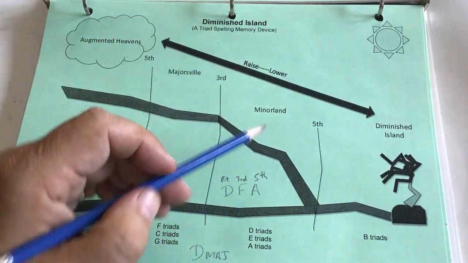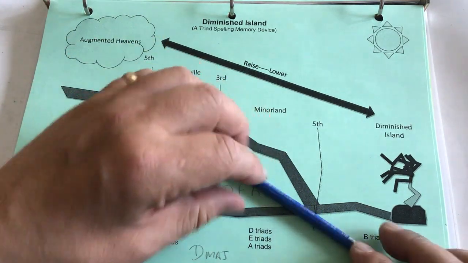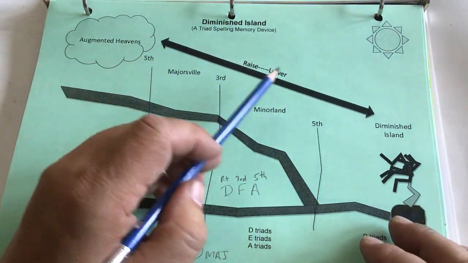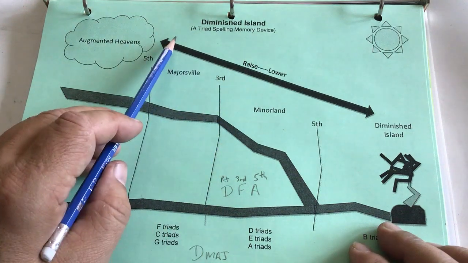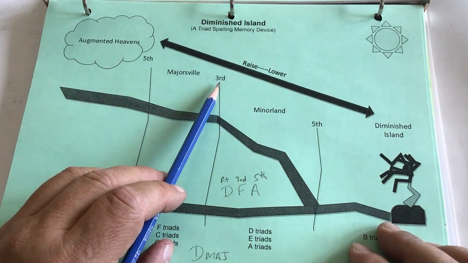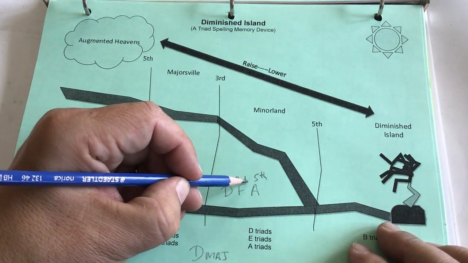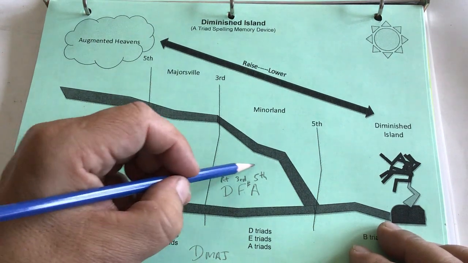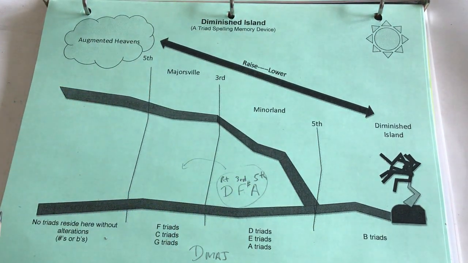And if I want it to not be minor, but I want it to be major, then I'm going to move from this section over to here to Majorsville. And I do that by raising, because I'm going up the hill, that means adding a sharp, the third of the chord. So that means I go root, third, there it is right there, and I add a sharp: D, F sharp, A. Now this, with the altered middle note, is a D major chord.